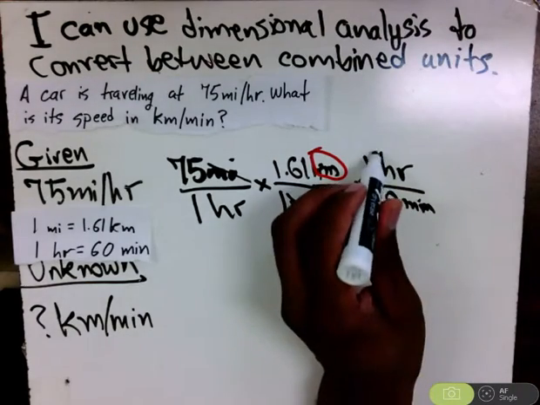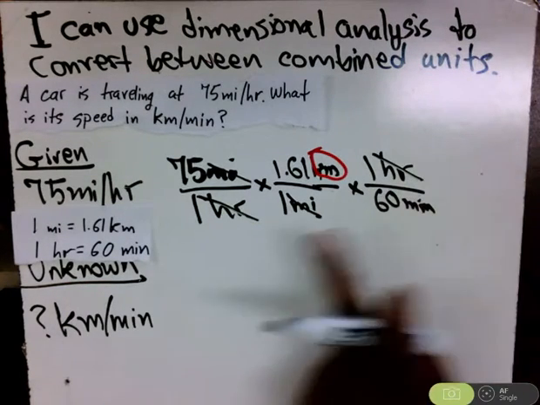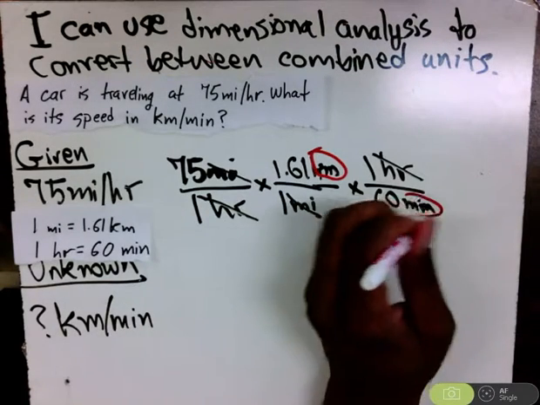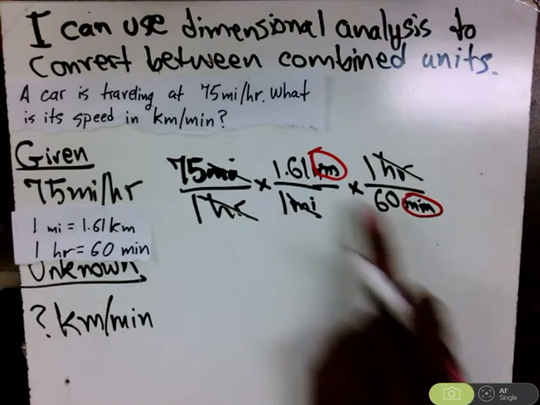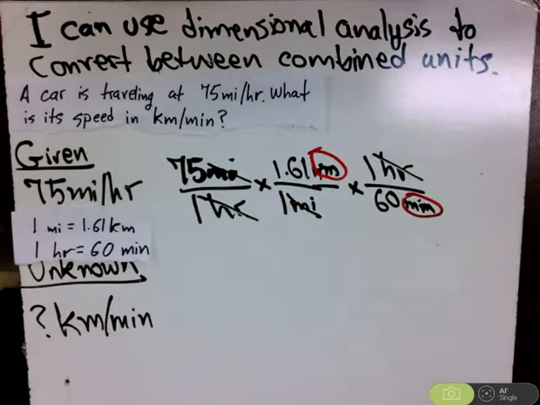So my hour cancels out my hour, since this is on the top and that's on the bottom. And what I am left with are minutes. So I have kilometers on top, I have minutes on the bottom, kilometers per minute.